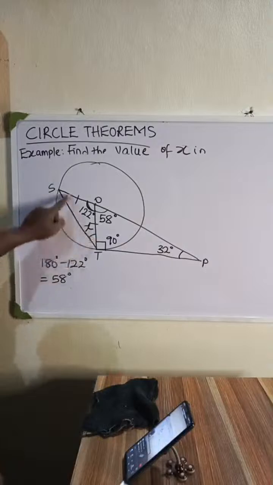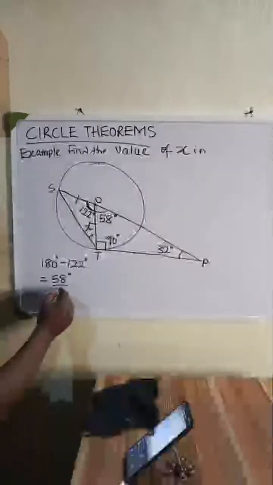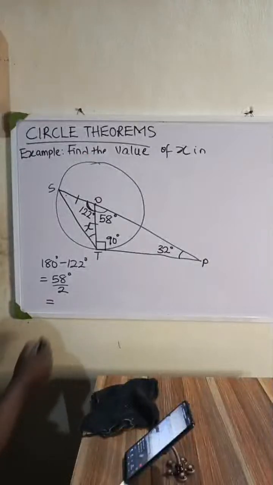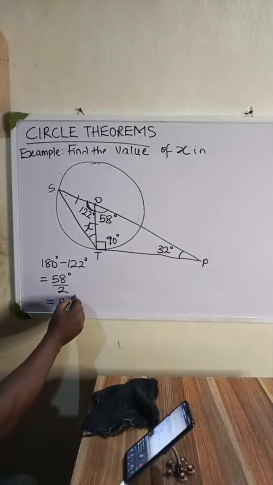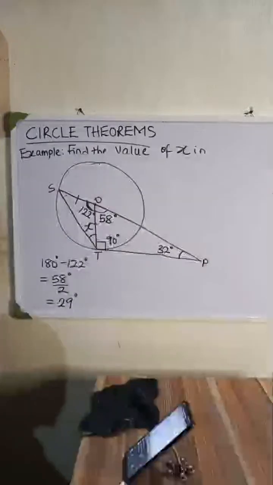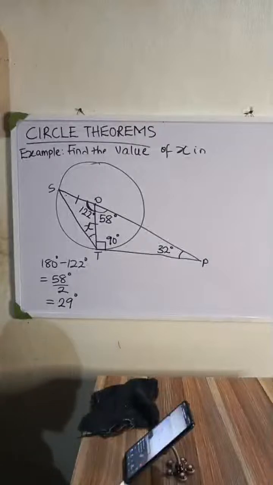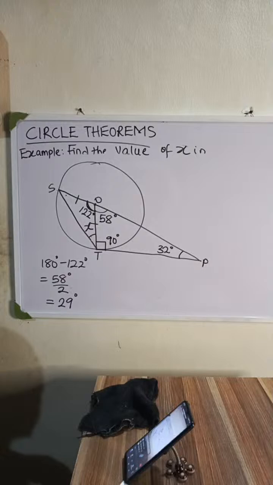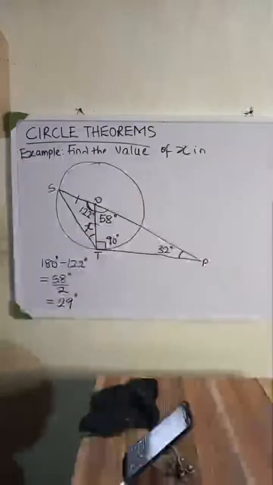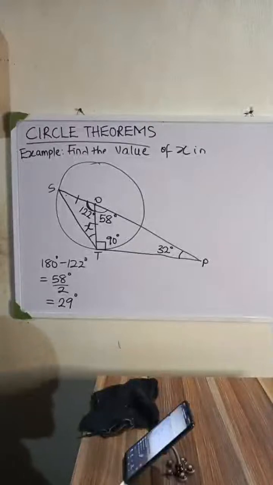These two angles are equal, so we divide 58 degrees by 2, which gives us 29 degrees. That is the answer. So take your time to go through it again to have a clear understanding. 29 degrees each. So this angle here is 29 degrees.